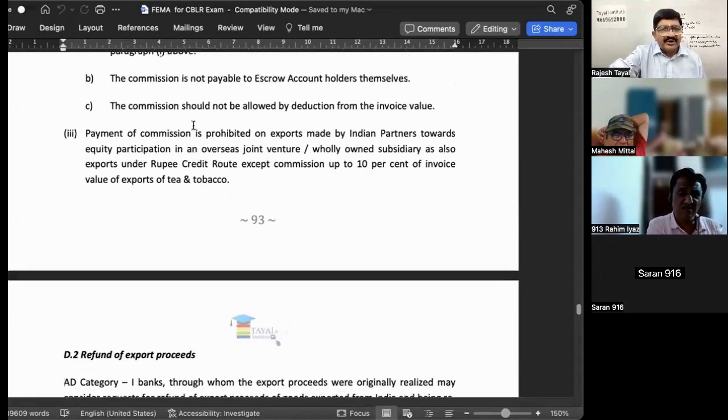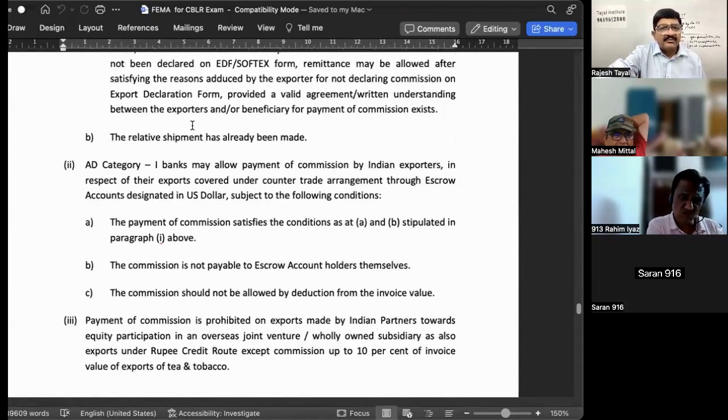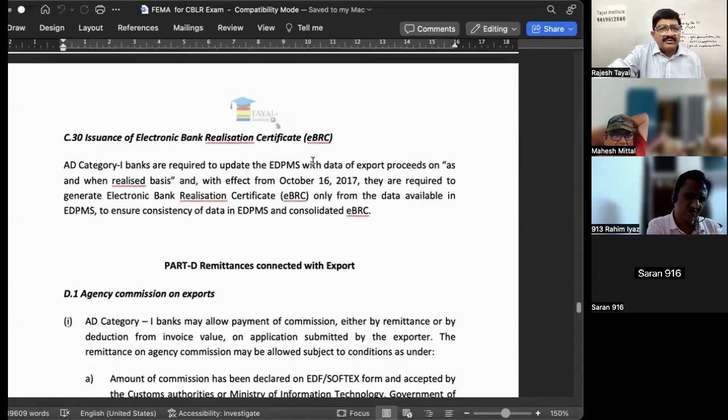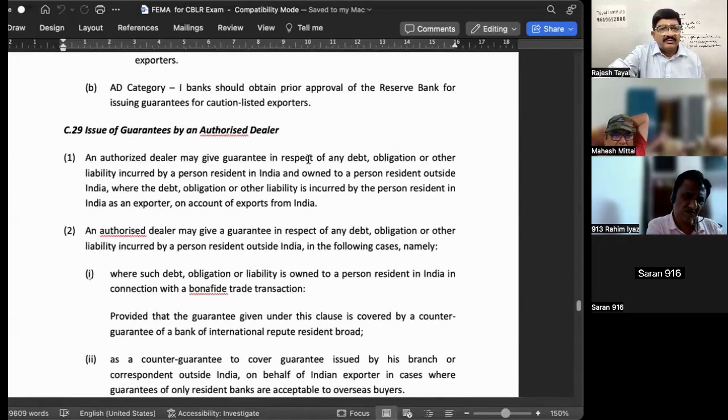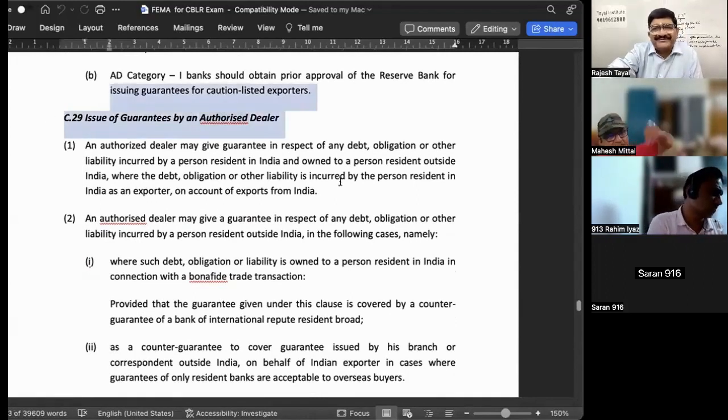No, I'm missing some point here. Yes, this is here. Issue of guarantees by the authorized dealer. C29.